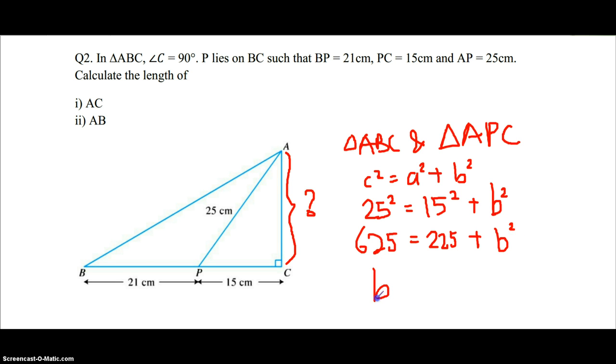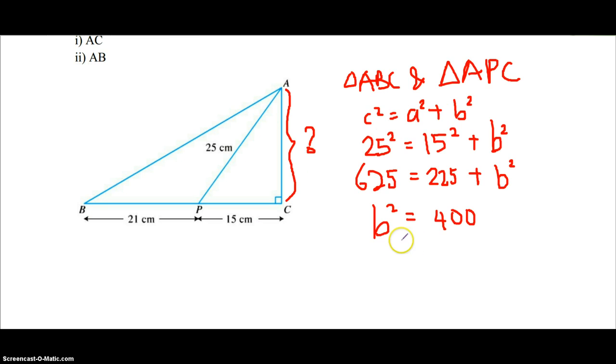So b square is equal to 625 minus 225, and you will get 400. Is that the final answer? No. You will then have to find b. b will be square root of 400. You will get 20 cm. So AC will be 20 cm.